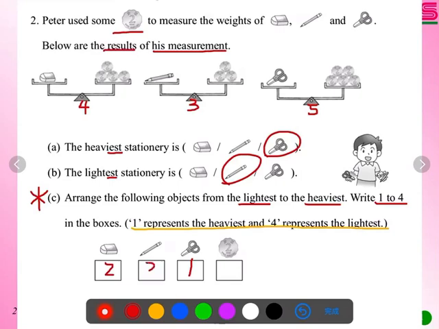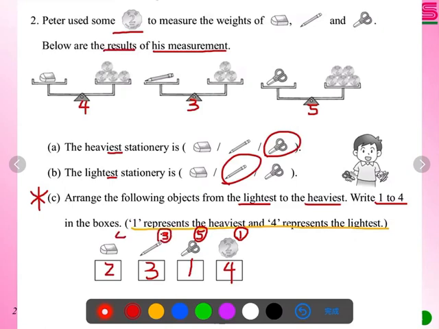It will be the object with 4 $2 coins. That means the second heaviest. How about the third one? It will be the pencil with 3 $2 coins. And the last one, 4, is the lightest. That means the one with the least number of coins. Okay?